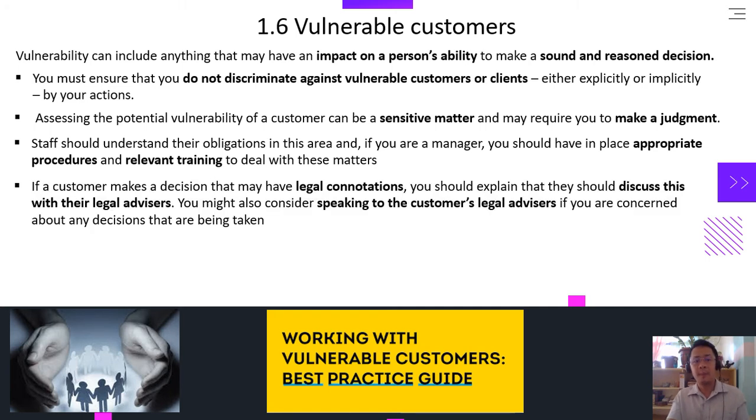If a customer makes a decision that may have legal connotations, you should explain that they should discuss this with their legal advisors. You might also consider speaking to the customer's legal advisors if you are concerned about any decisions that are being taken.